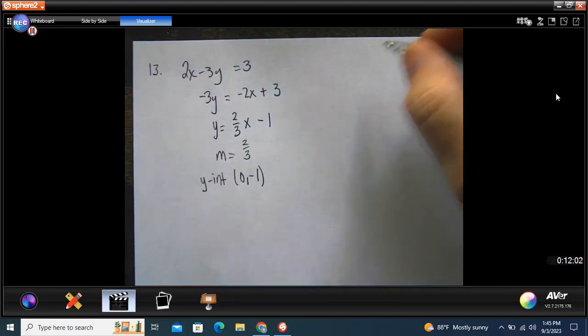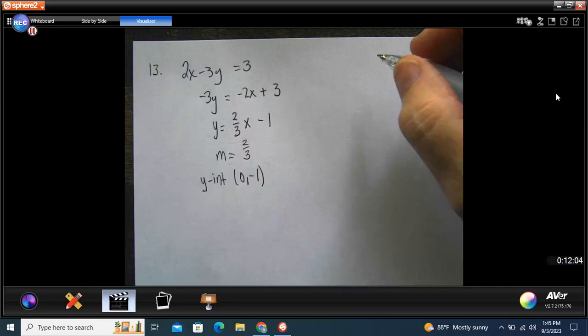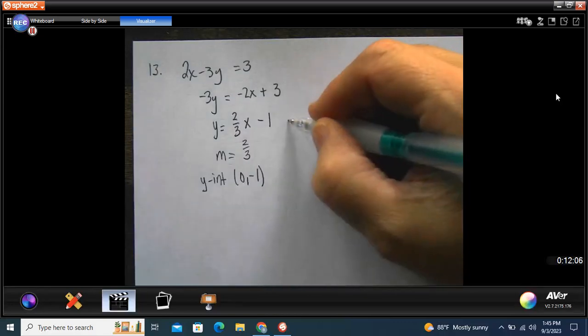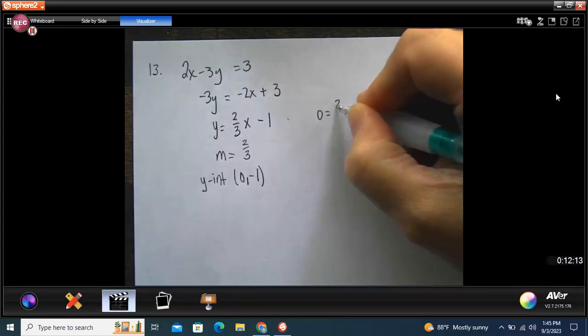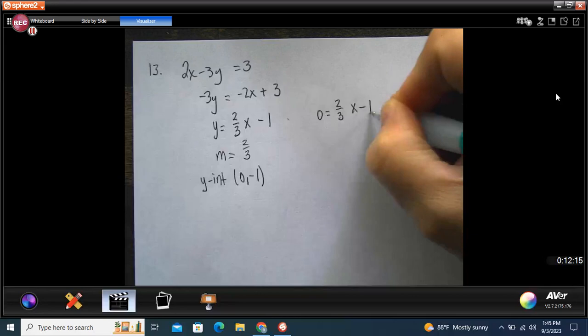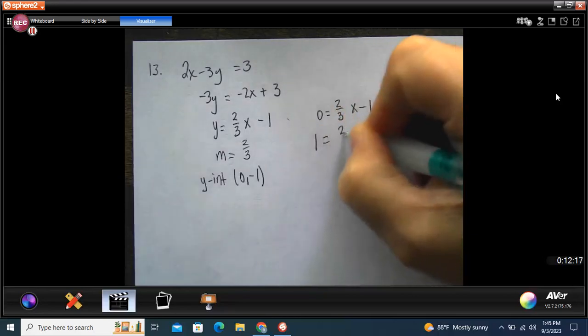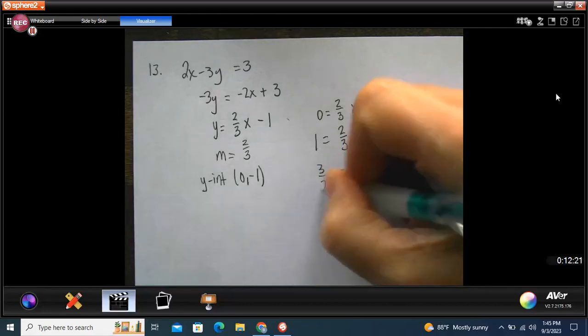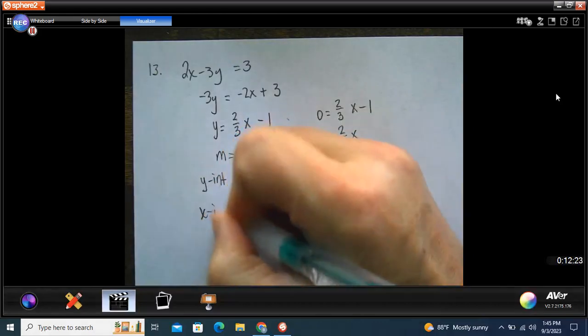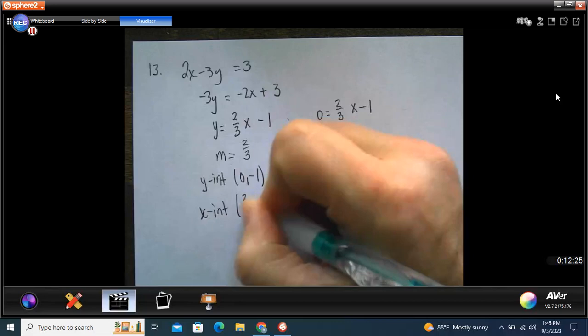And I could go anywhere and plug in 0 for x. If I do that right here, I'm sorry, 0 for y. And if I do that right here, I get 0 equals 2/3 x minus 1. 1 equals 2/3 x. So x equals 3/2. That's going to be my x-intercept.